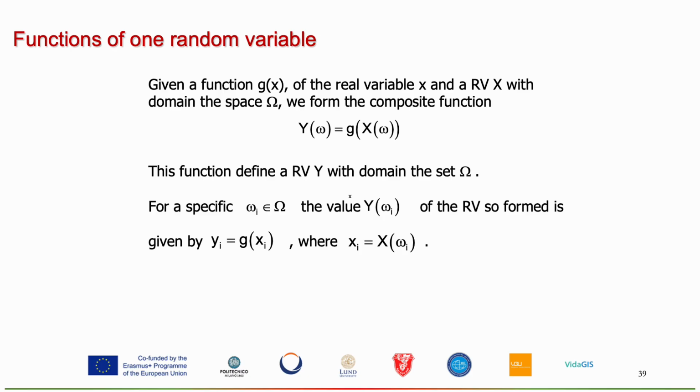It is obtained through the passage through capital X. For a specific omega_e, the value Y of omega_e is given simply by y_e equal to g of x_e, where x_e is the random variable capital X corresponding to omega_e.